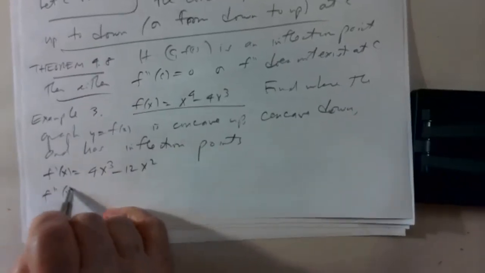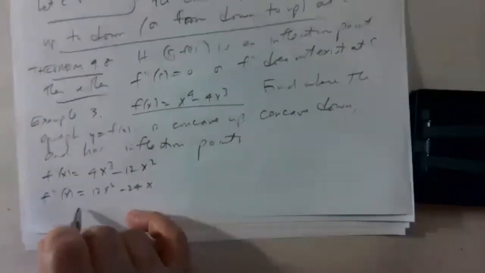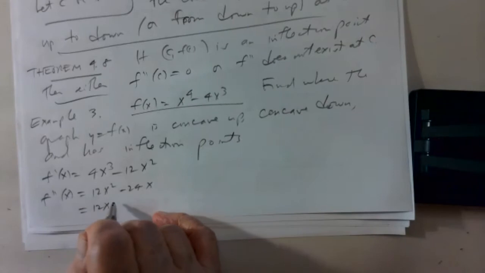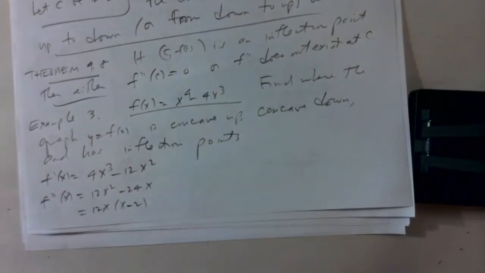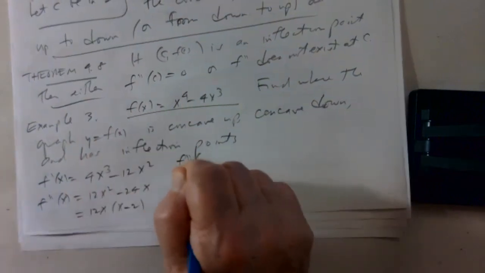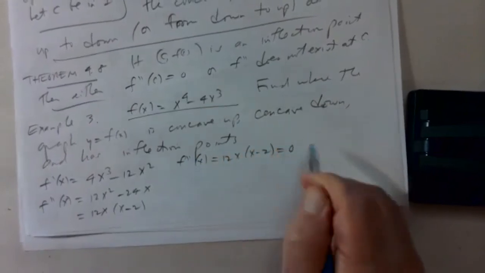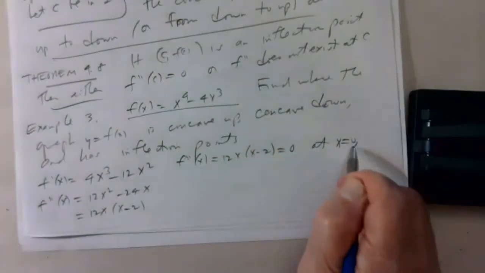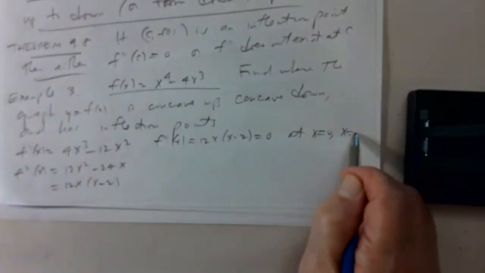If we differentiate it again, we get 12x squared minus 24x. If we factor out a 12x, that's 12x times (x minus 2). So f double prime of x, which is 12x times (x minus 2), equals 0 at x equals 0 and x equals 2.